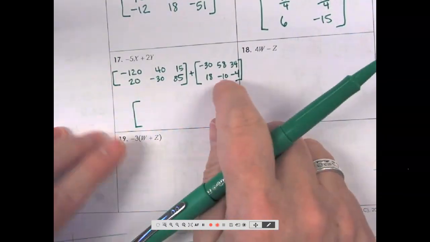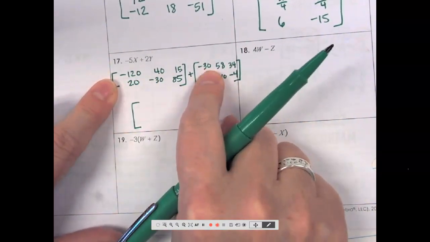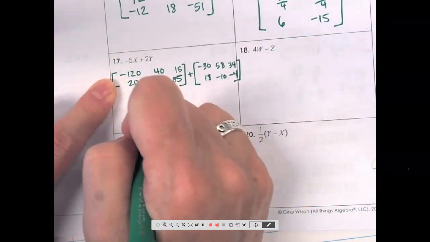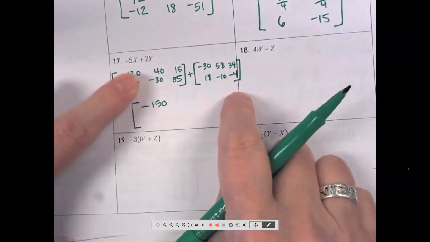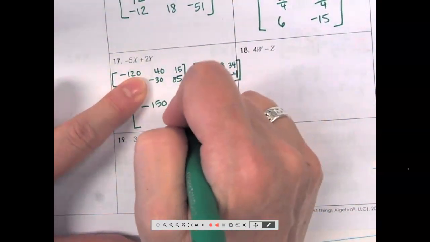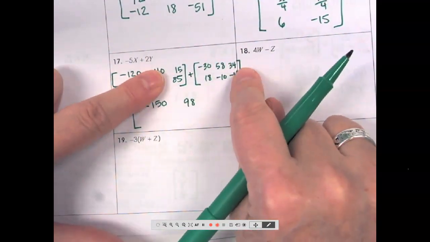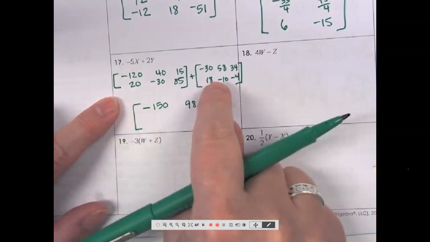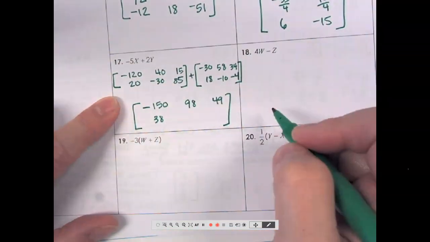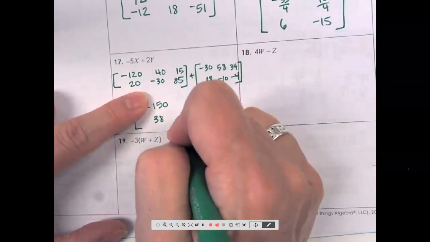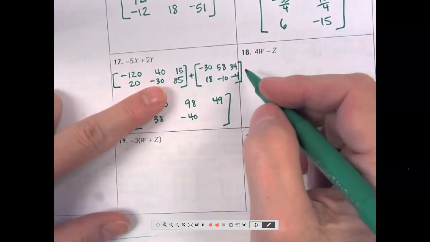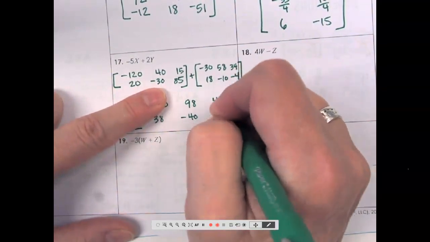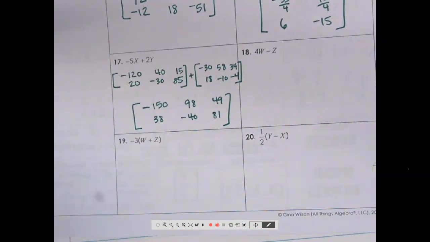Okay, so my answer will be negative 120 plus negative 30 is negative 150. 40 plus 58, 98. 15 plus 34, 49. 20 plus 18, 38. Negative 30 plus negative 10, negative 40. 85 plus negative 4, 81. Good? Okay.